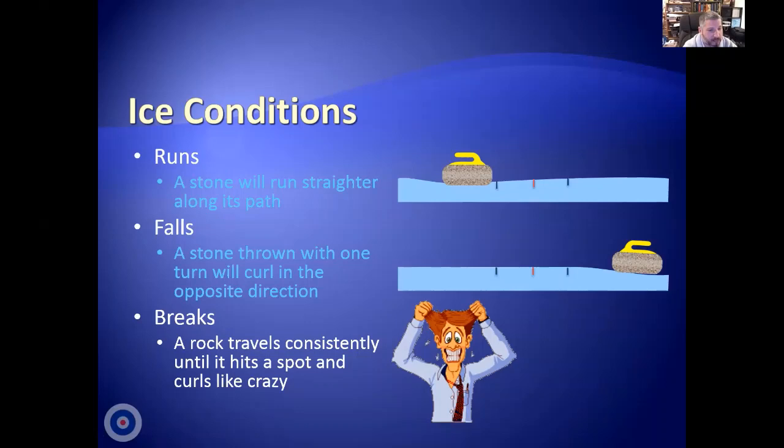So particularly late in the game, ends 7 and 8, we'll say, you might see conditions where if there's a particular area where the pebble has gotten flat, either through warm shoes or excessive use of that particular spot on the sheet where the stones are running over it consistently, you might see breaks. And that's what we were referring to earlier, fudgy ice or ice getting wacky, you might hear people call it sometimes. Good, thank you, Dion.